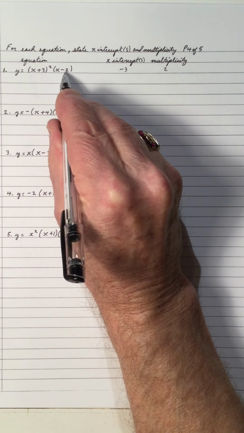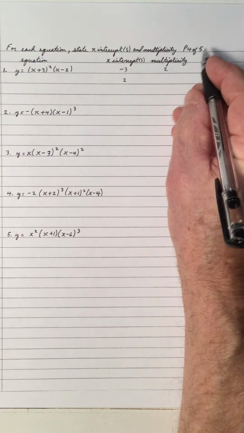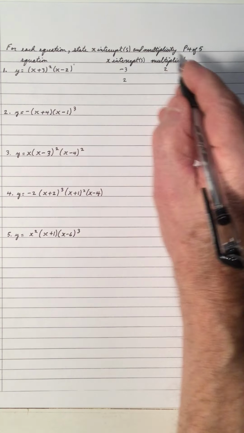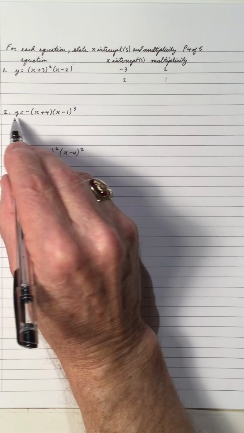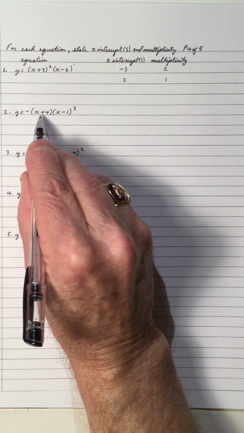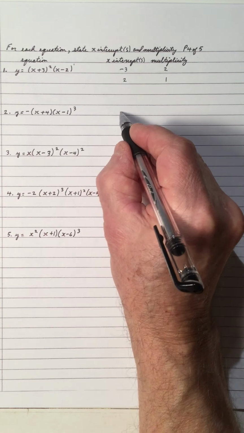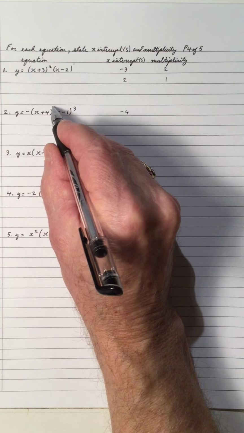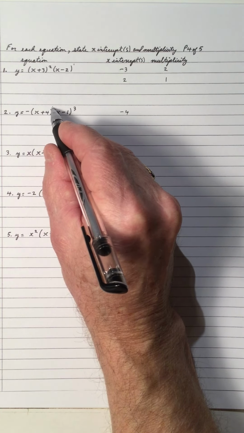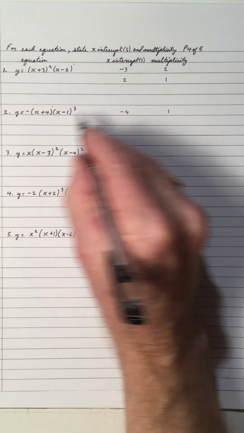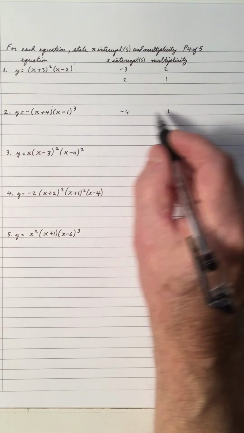And this x-intercept here is 2, and the multiplicity is the power of 1. And this equation has an x-intercept of negative 4, and the power of that is 1. So that means at negative 4, it's going to move on through.